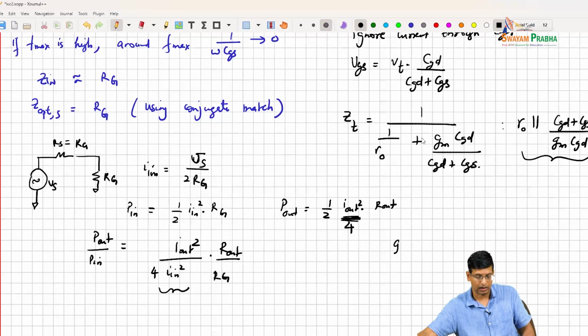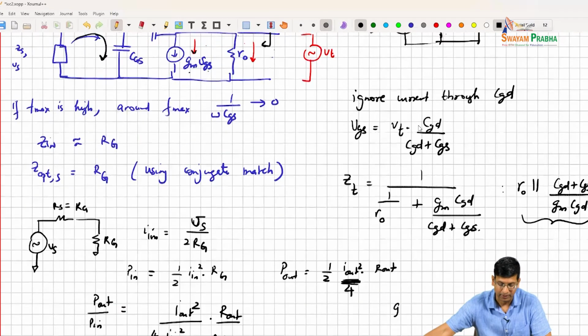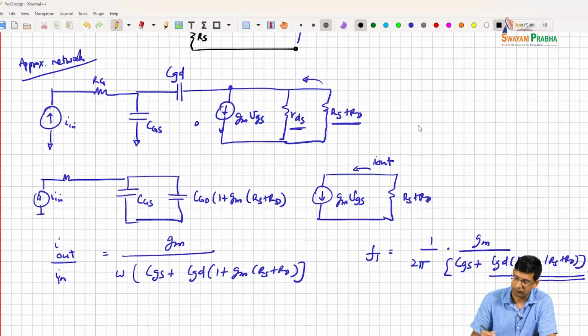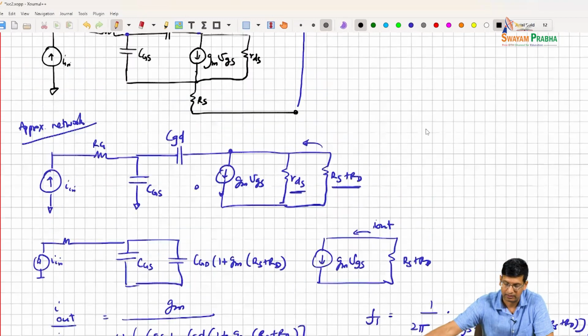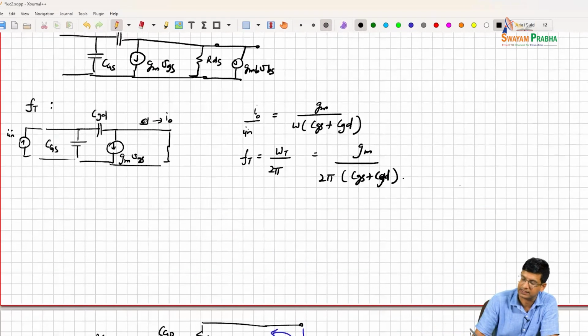Now remember that if we go back to the Ft derivation, we basically see that I out divided by I in is Gm over omega, in the situation that we are analyzing now without Rgs plus Rd, Gm over omega Cgs plus Cgd.